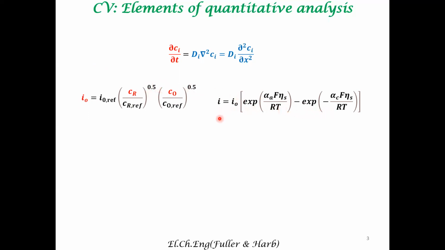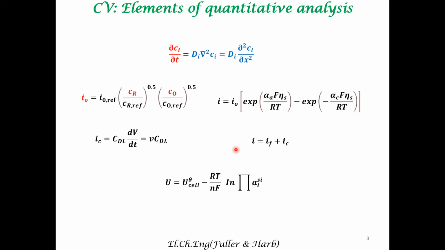There is also the capacitive contribution to give the overall current. We can state the equations simply, but to actually implement them for a real system is not that simple at all. So in most cases, we resort to either qualitative or semi-quantitative analysis in the case of cyclic voltammetry.